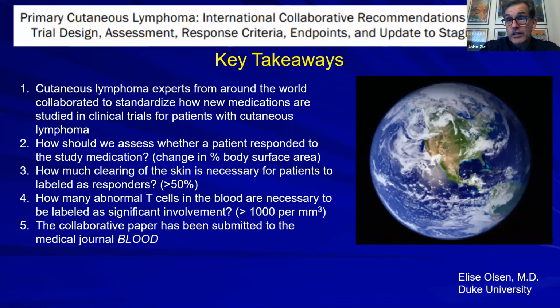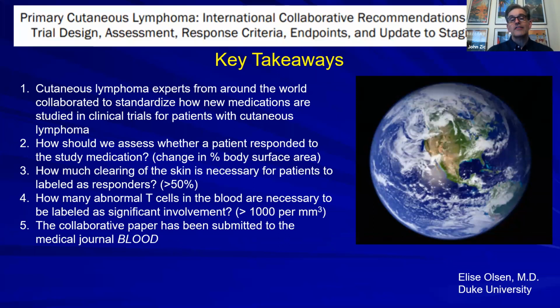Another question that we tried to assess was how many abnormal T cells are necessary to be labeled as a significant involvement. And so when you are assessing the number of malignant or abnormal T cells in the blood, the criterion that we came up with was greater than 1,000.